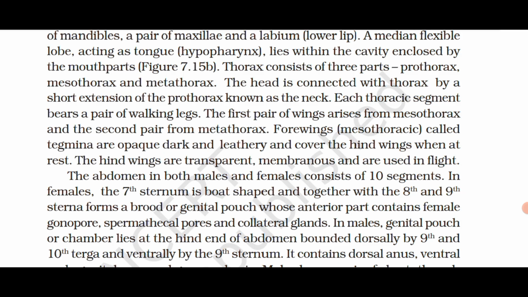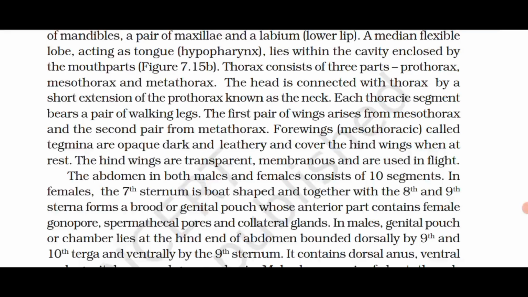The first pair of wings arises from the mesothorax and the second pair from the metathorax. Forewings, mesothoracic, called tegmina, are opaque, dark, and leathery and cover the hind wings when at rest. The hind wings are transparent, membranous, and are used in flight.